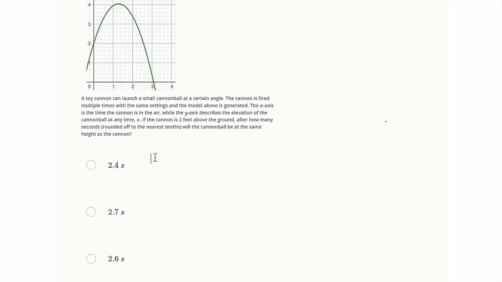So we should solve it algebraically. We're going to take this function and set it equal to 2 on the left because we're looking for a height of 2 feet. So 2 equals negative 1.25x squared plus 3.2x plus 2.